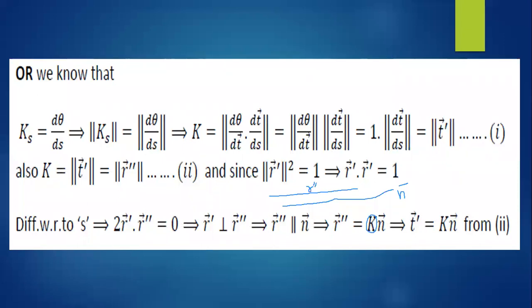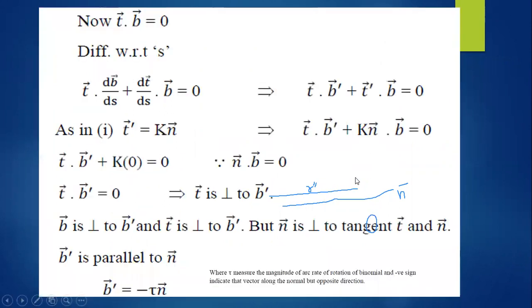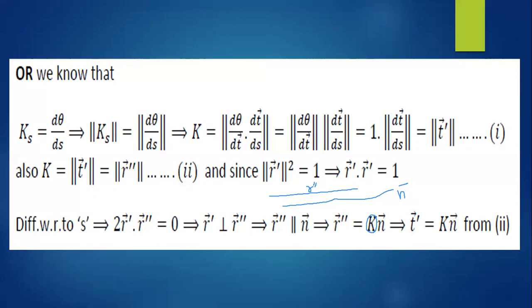Okay, this is our first proof. Now, the proof of the second: B prime is equal to minus τ n. I want to erase this one.